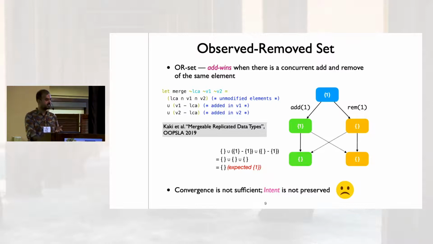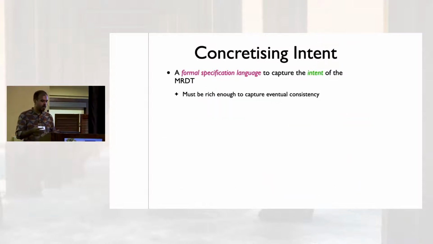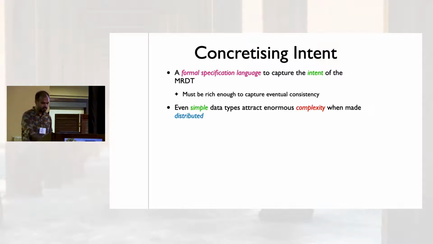So that's key. How do we concretize intent? We need a specification language where we can talk about the properties that we want. Because we are in an eventually consistent setting, this needs to be rich enough to capture the complexities of eventual consistency.